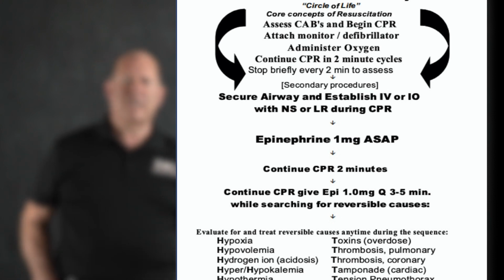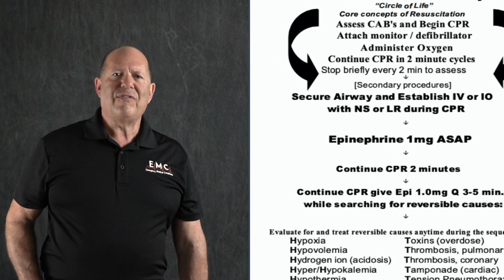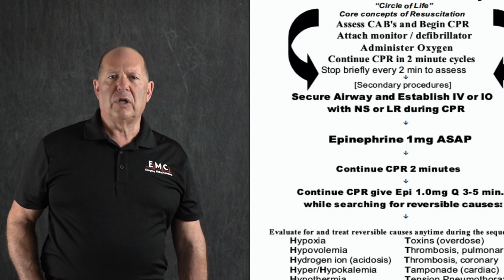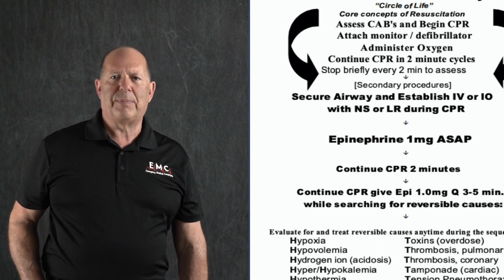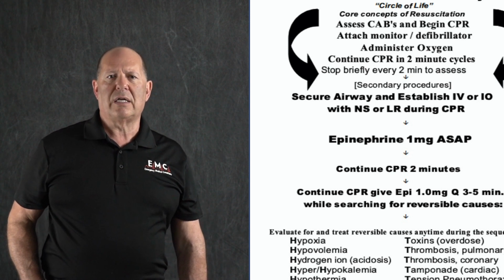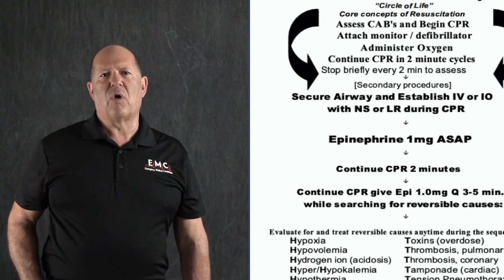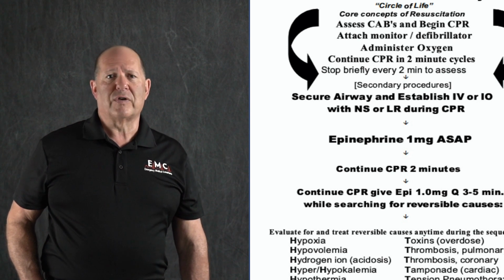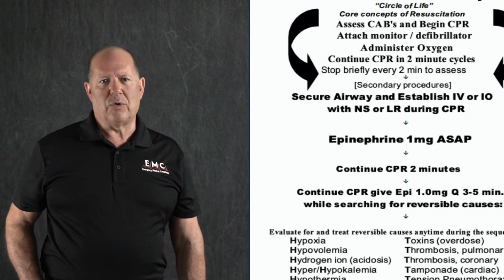What the most current studies are showing is that if you give epinephrine early on in asystole or PEA, it's more likely to give you ROSC, or return of circulation, versus waiting till longer in the sequence.